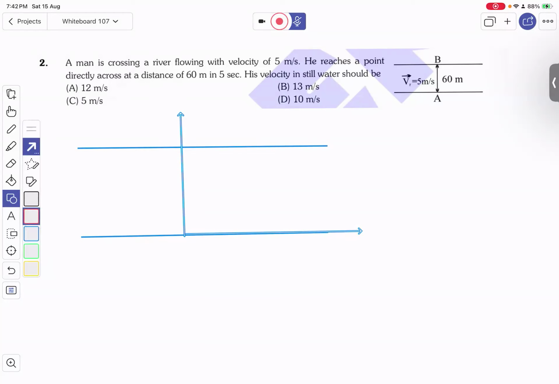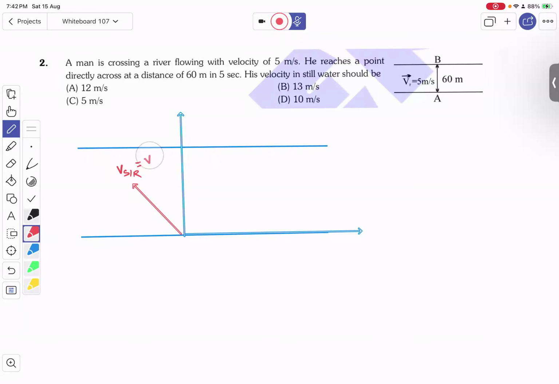So when the person crosses the river with zero drift, the speed of the swimmer with respect to the river, or the speed of the boat with respect to the river, must be more than the speed of the river.